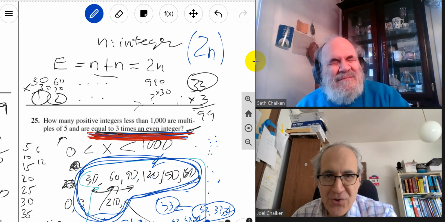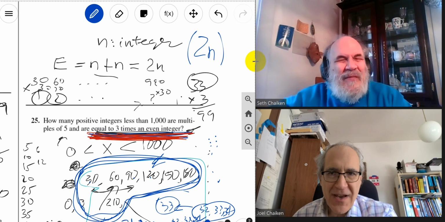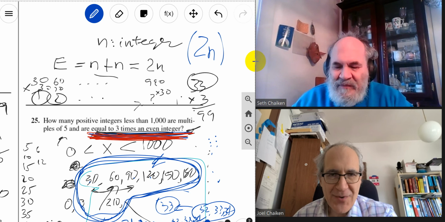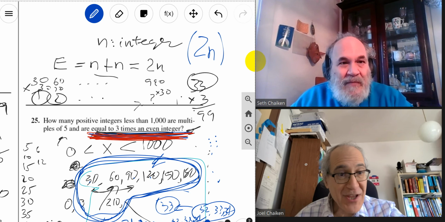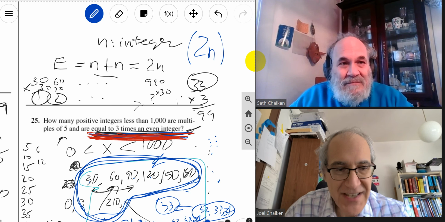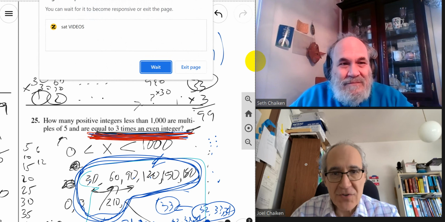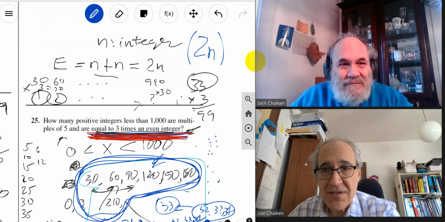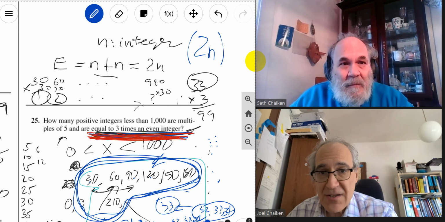And they're saying 3 times this 2 times n. So what they're basically saying is multiples of 6, right? Every even number can be written 2n. Then you multiply that by 3, you get 6n, and that means multiples of 6.